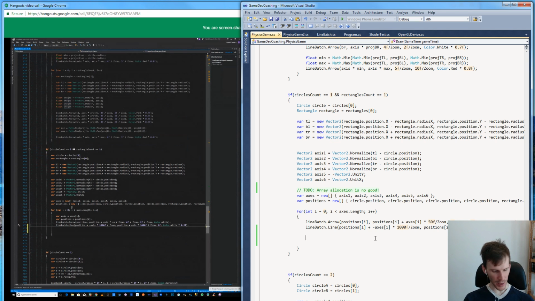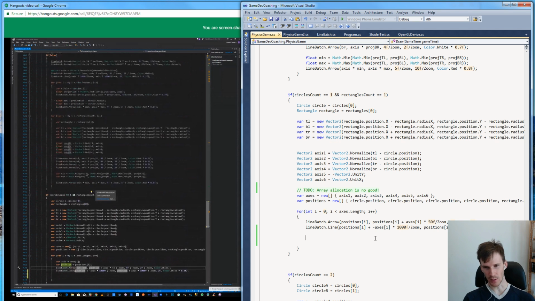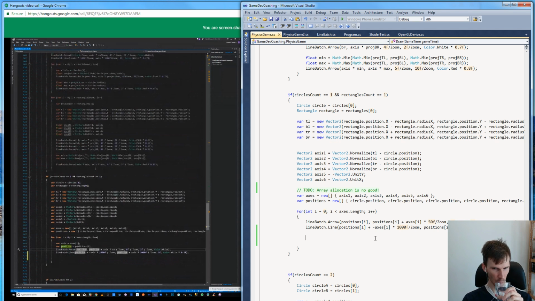What that might turn into could be as simple as doing a stackalloc. We could look at fancier things, but this is the sort of thing where we start to run to the limit of what C# can do for us as far as performance goes.